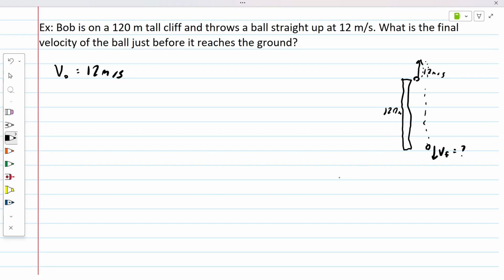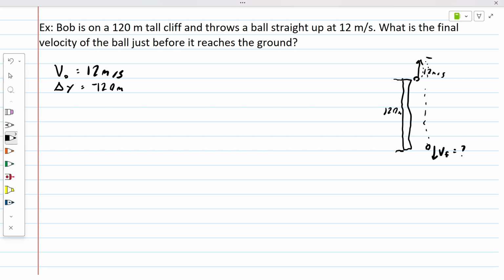So what is this 120 meter cliff, right? We can actually set the change in y equal to the 120 meters. And because it's starting at the 120 and ending at the very bottom, this will be a negative 120 because it's going down 120 meters. And notice that we don't care how high the ball gets when it's thrown up.